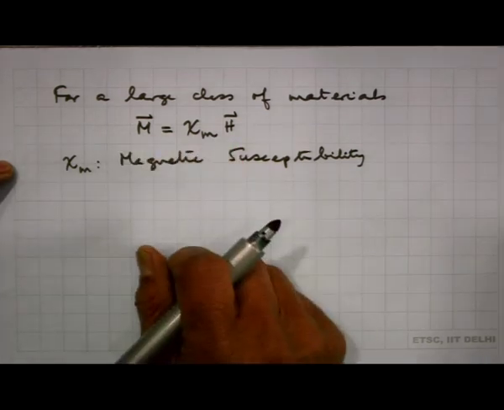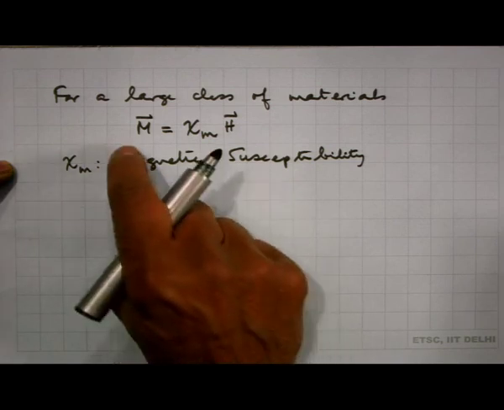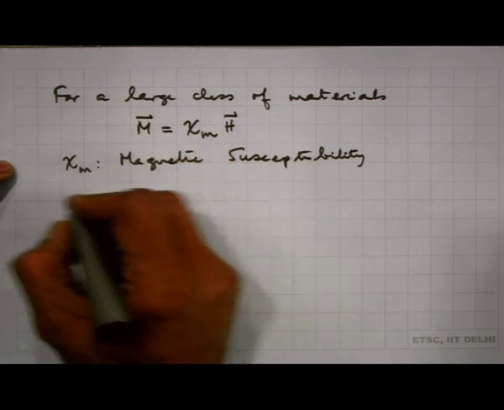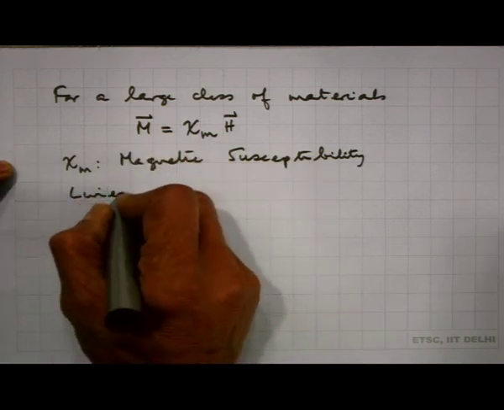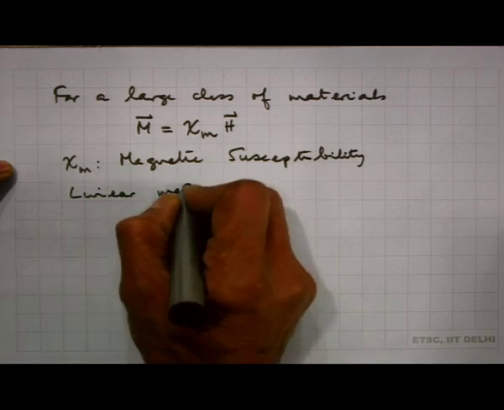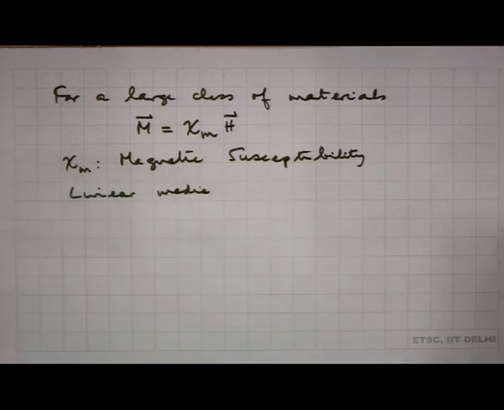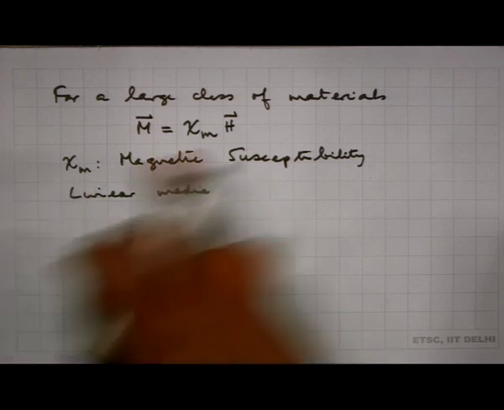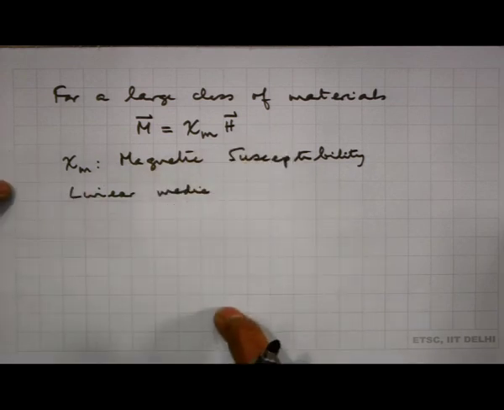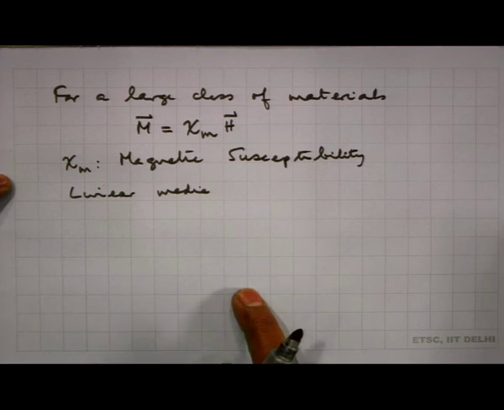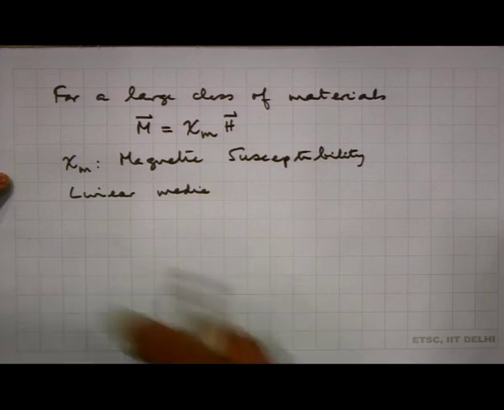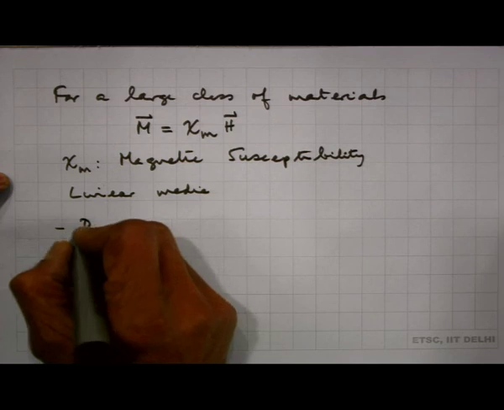Now, this is for a large class of materials where m is proportional to H, and such media are also called linear media. Because m is proportional to H, the relationship between m and H is linear. There is a large class of materials which belong to this. One example is diamagnetic materials.